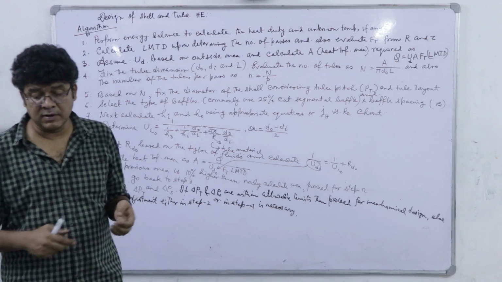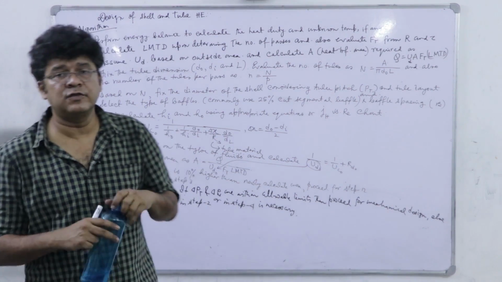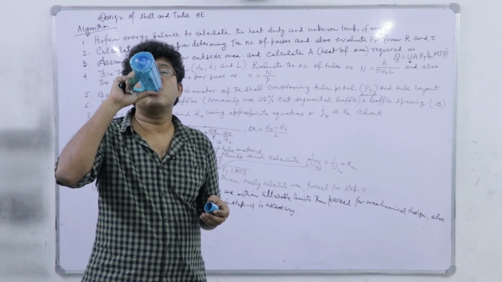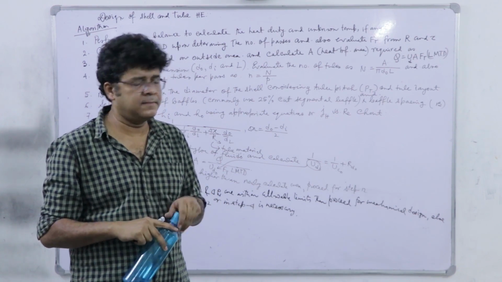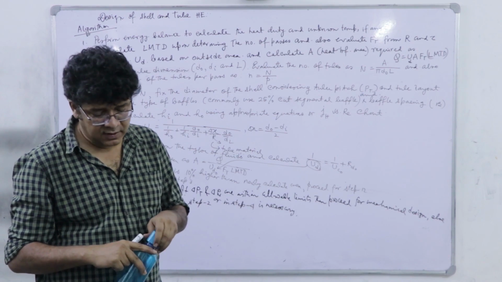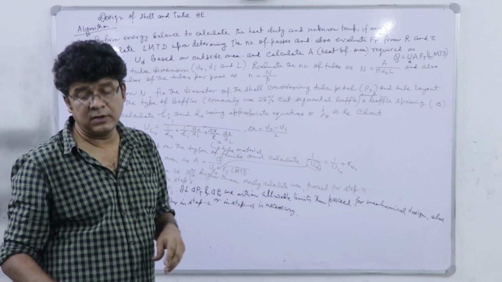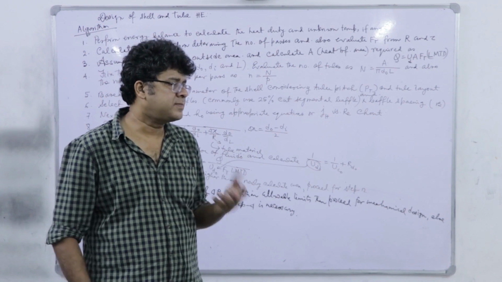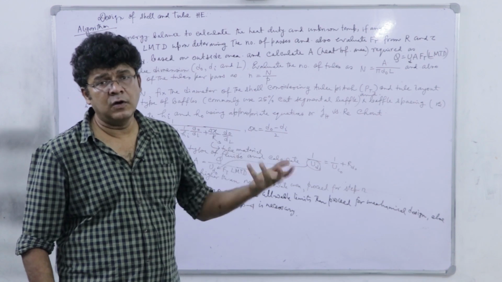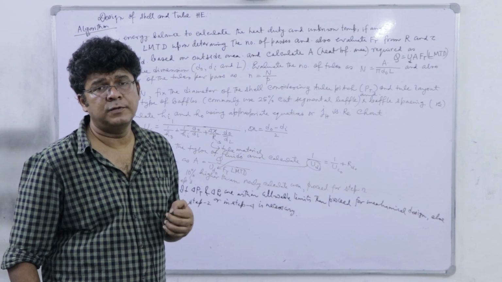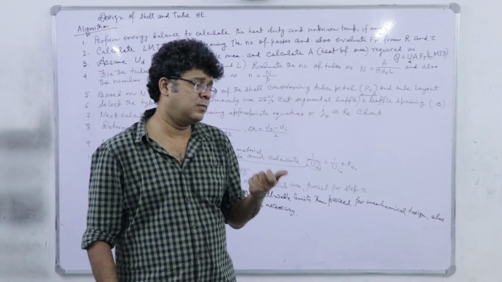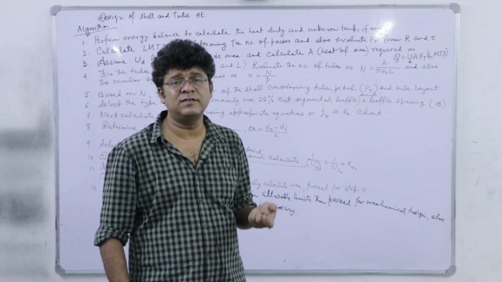Commonly we should try with 3/4 to 1 inch tube, and if it fails, if the pressure drop is still higher, next we go for higher tube diameter, like 1.25 inch or 1.5 inch maximally.